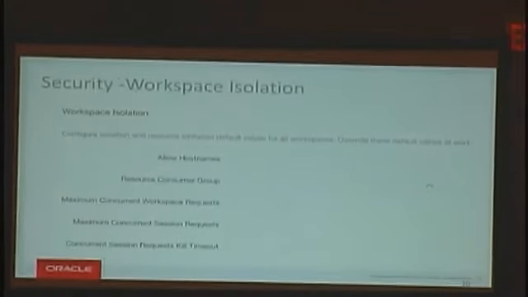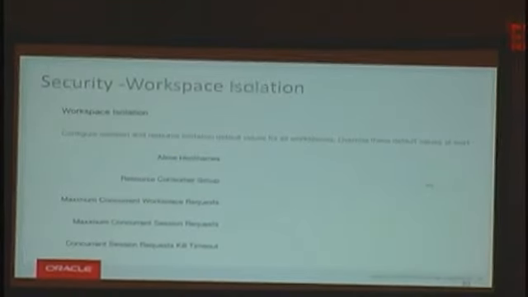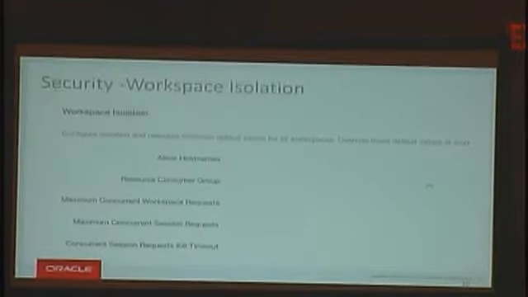With those maximum concurrent workspace requests and concurrent session requests, you can prevent one user from bringing your database down by spawning database session after database session. And with the concurrent session request kill timeout, you can even kill those sessions if the limit has been reached. So what does the end user see?